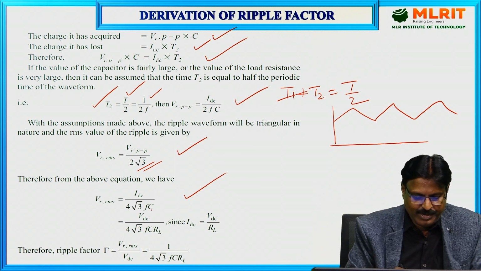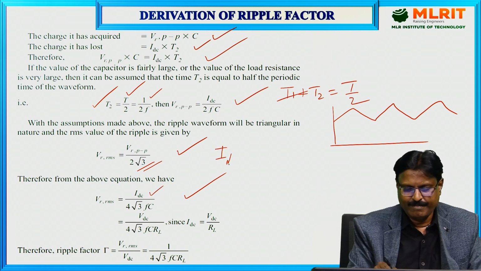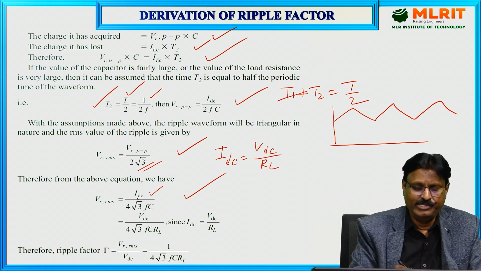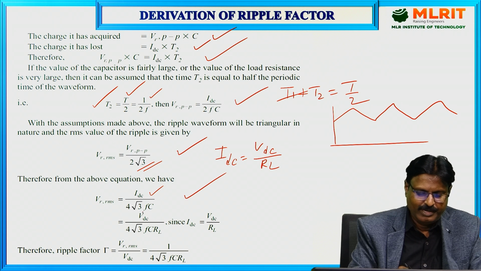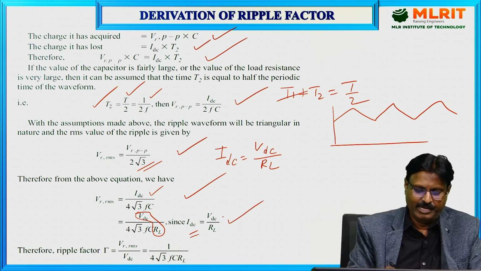I am writing IDC as VDC by load resistance RL. So same thing here: instead of IDC, I wrote VDC by RL. So IDC is equal to VDC by RL, and taking that relation, I wrote this equation.